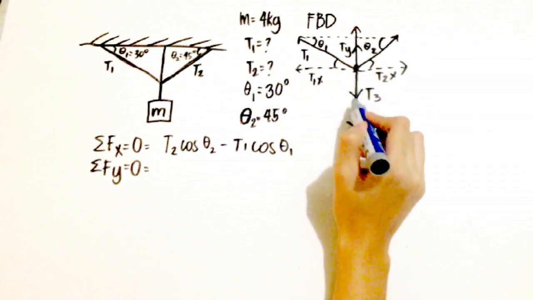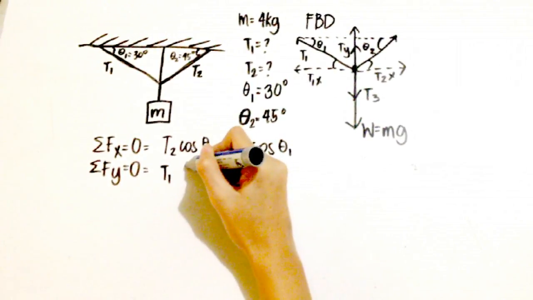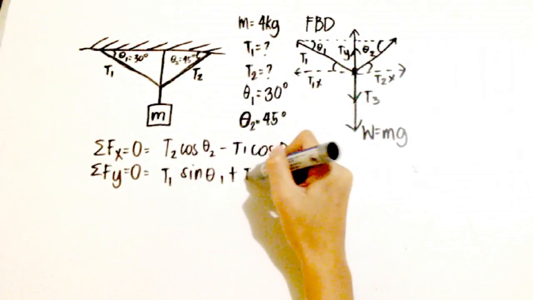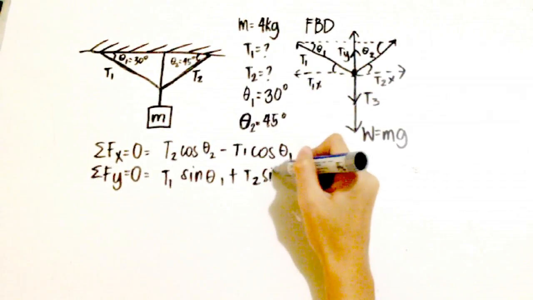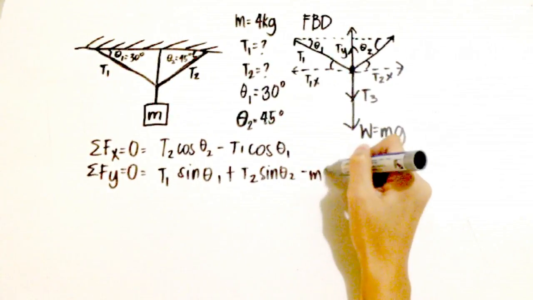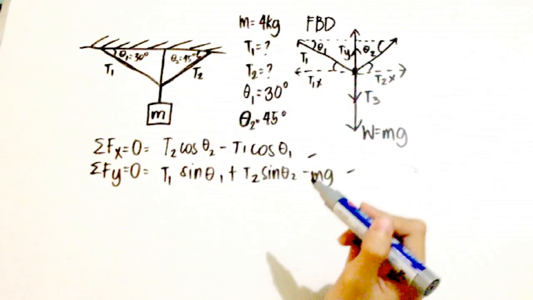Now, on the second equation, we have two positive components, t1 times sine theta 1 plus t2 times sine theta 2 minus mass times gravity.